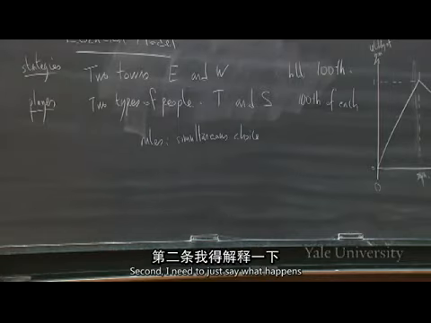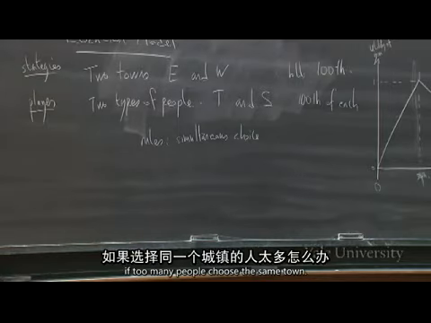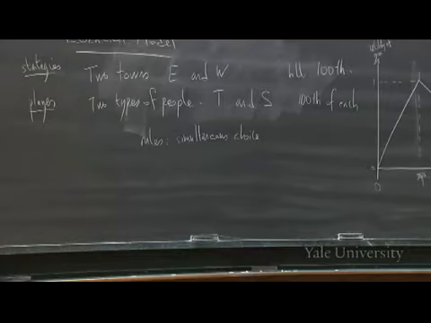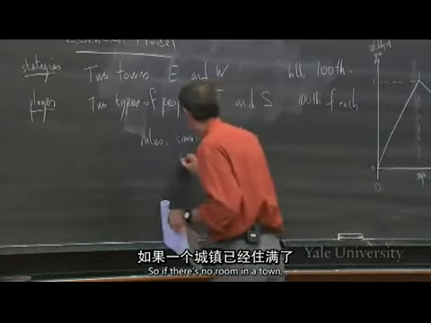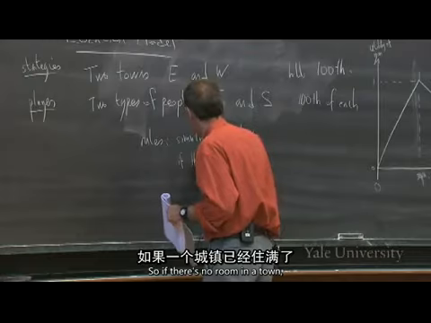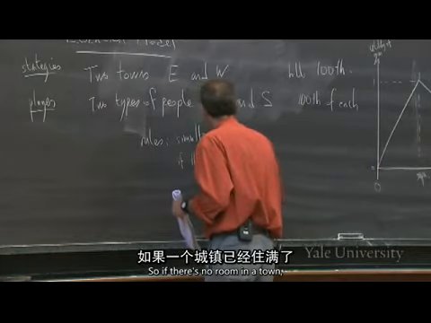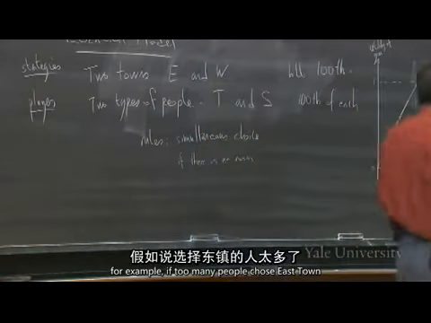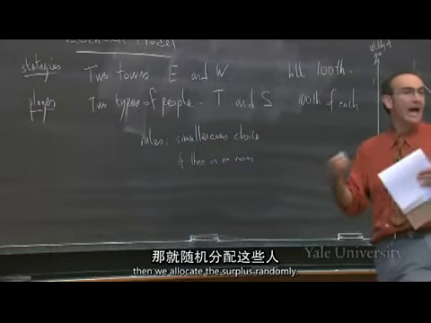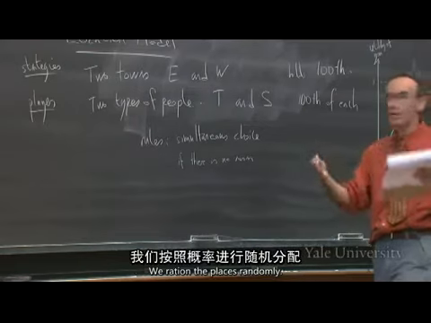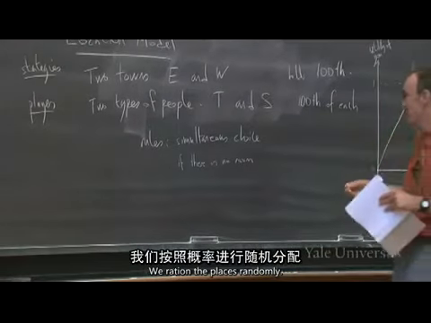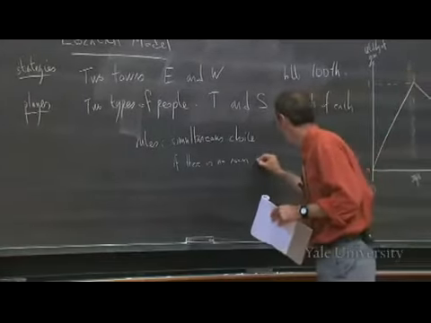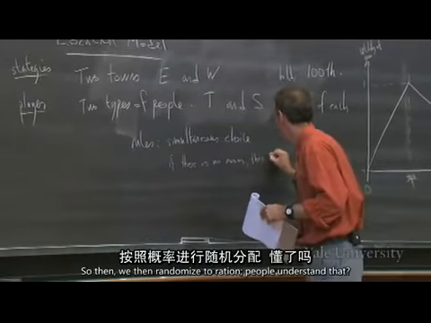Second, I need to say what happens if too many people choose the same town. If there's no room in a town, for example, if too many people chose East Town, then we allocate the surplus randomly. We ration the places randomly.